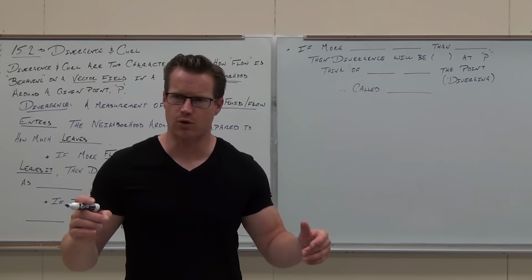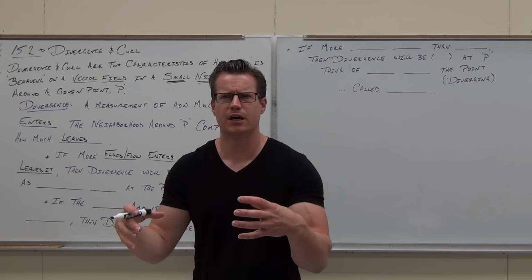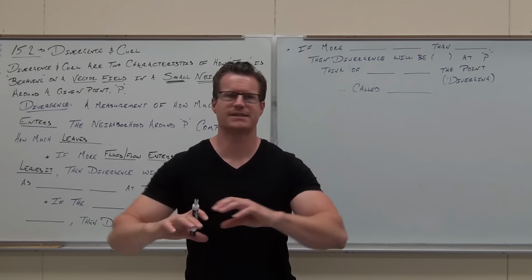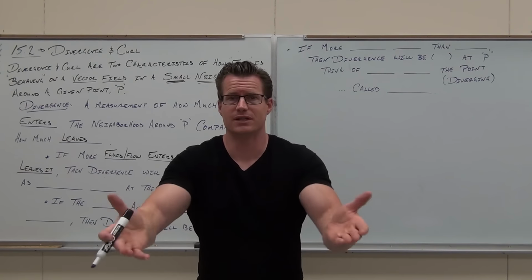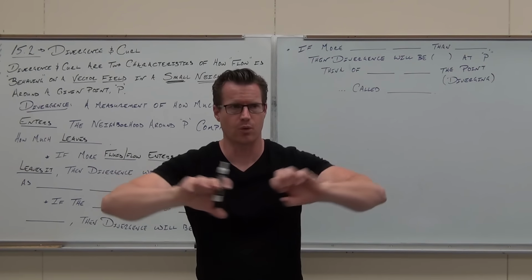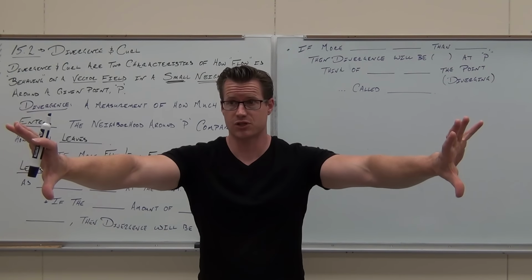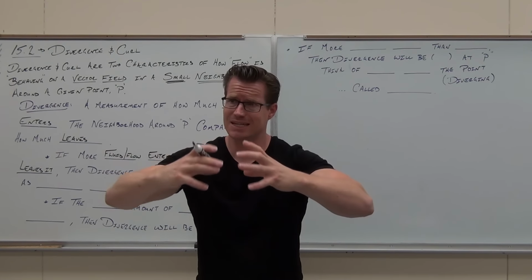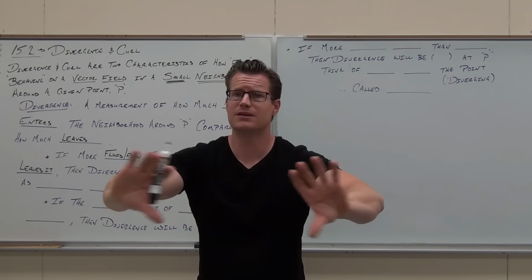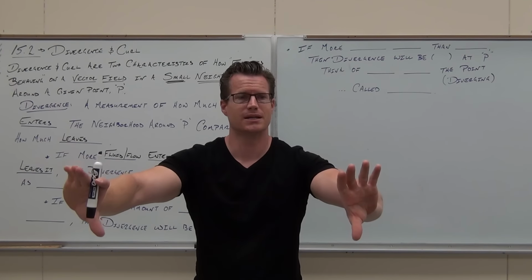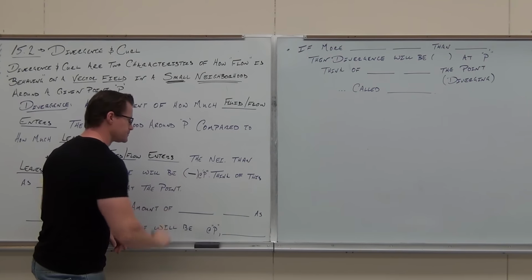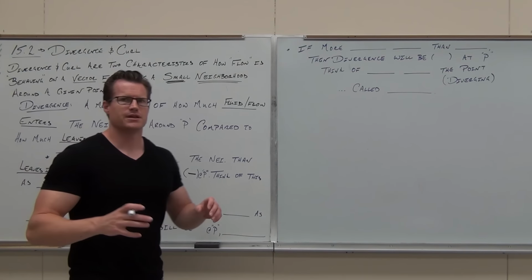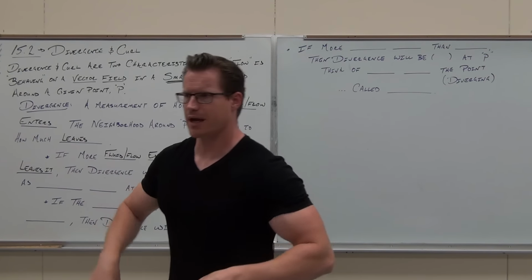A lot of people confuse that. They go, well, if we're gaining fluid, divergence should be positive. That's the opposite of the truth. Divergence is about the leaving. Think divergence is diverging, going away. That would give us positive. So if more fluid is collecting in a neighborhood around a point than leaving it, divergence is going to be negative at that point, at P. Think of this as fluid gathering at the point.